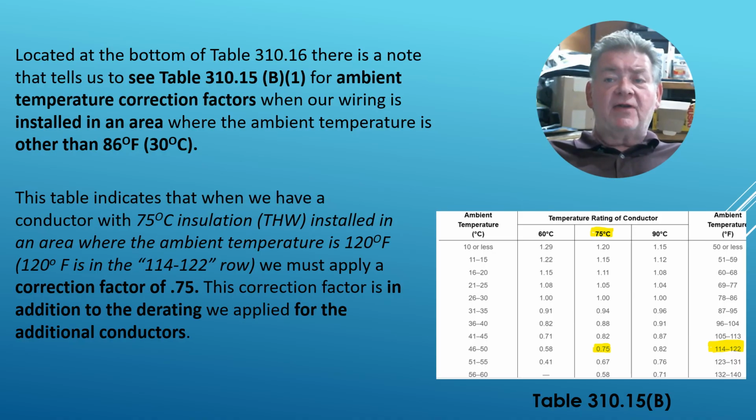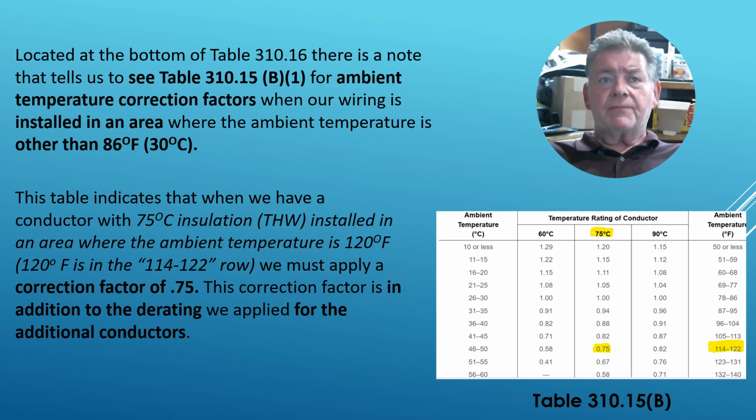And when we slide our finger across that 114 to 122 row over to the 75 degrees C column, it indicates we have to apply a correction factor of 0.75. This correction factor is in addition to the derating that we applied for the number of additional conductors.